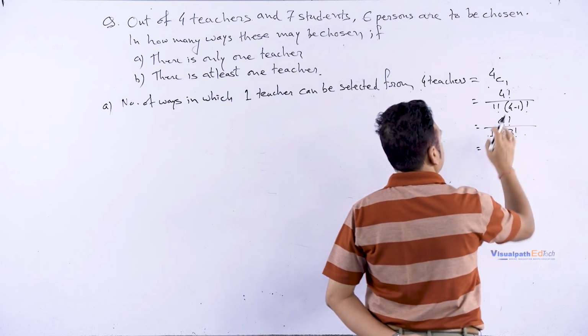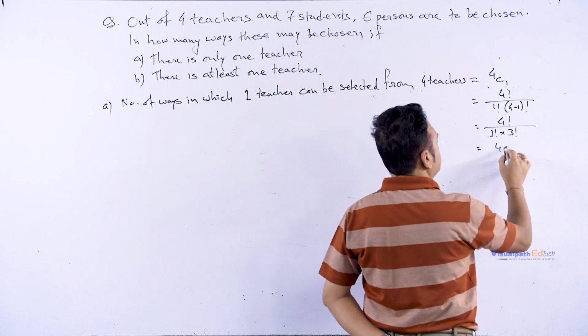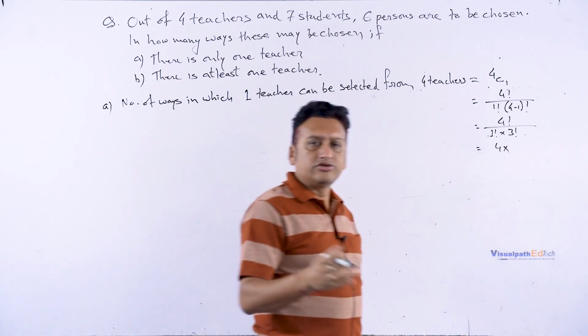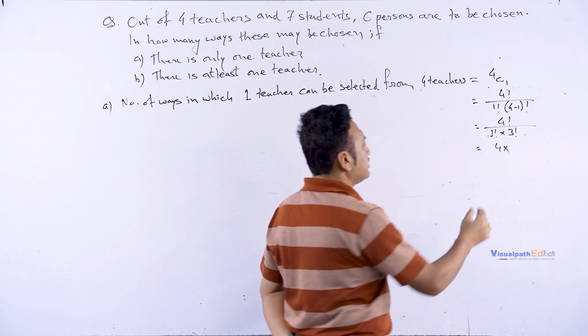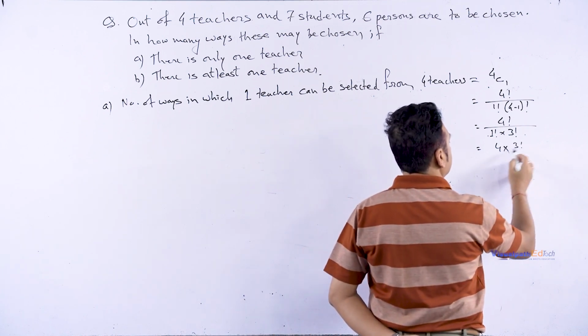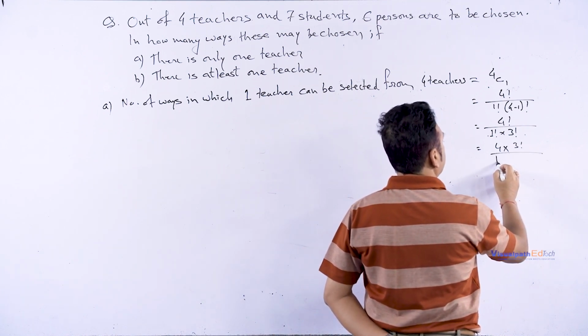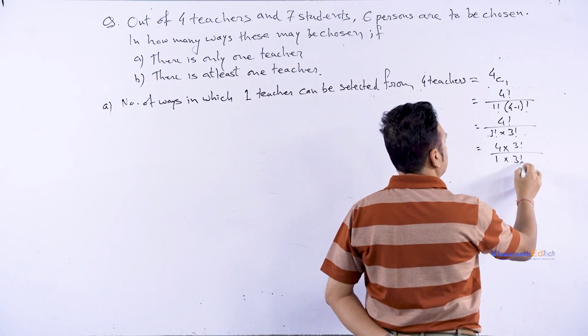Factorial 4 is 4 into 3 into 2 into 1, but 3 into 2 into 1 is nothing but factorial 3, divided by 1 into factorial 3.